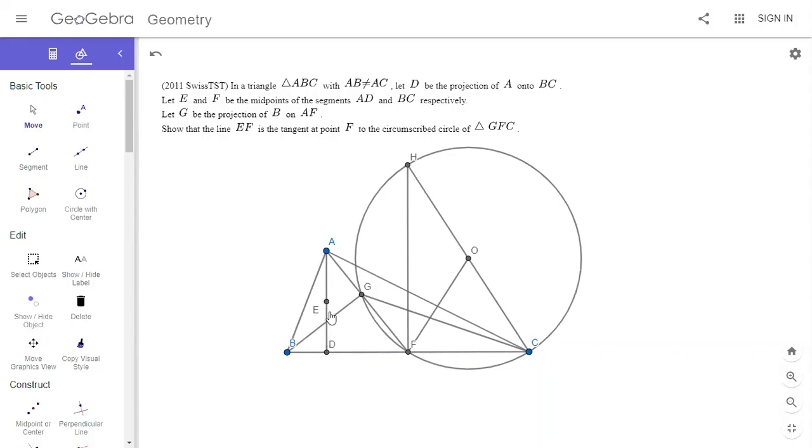Okay, so we want to show EFG is equal to OFH, which is equal to OHF, which is 90 minus angle OFC. Which is like 90 plus OF.